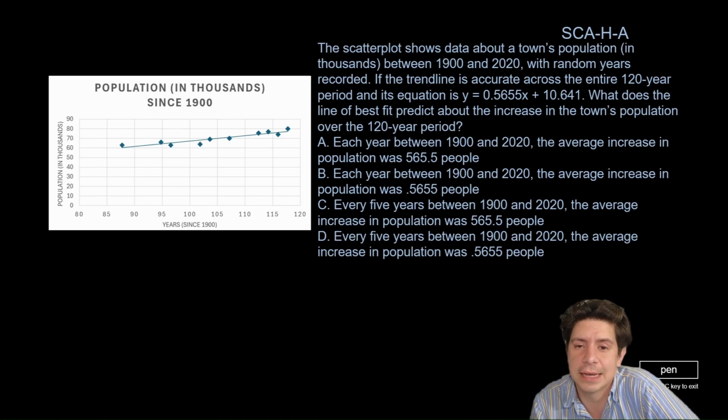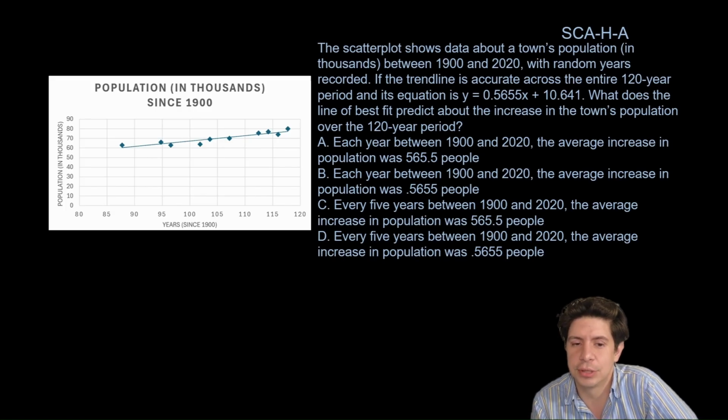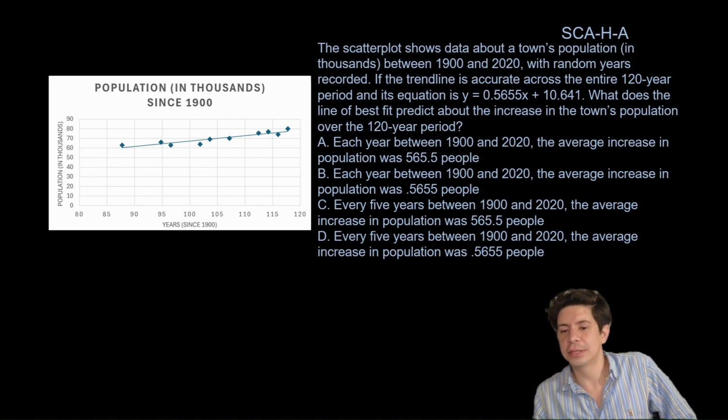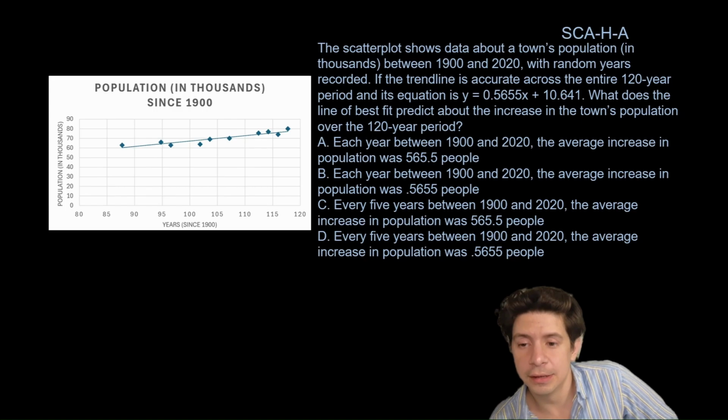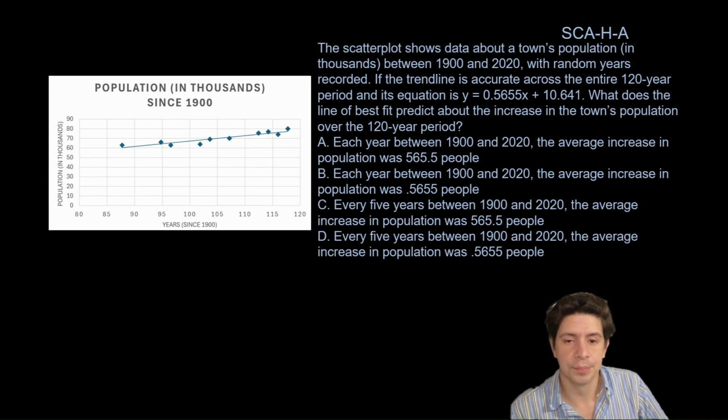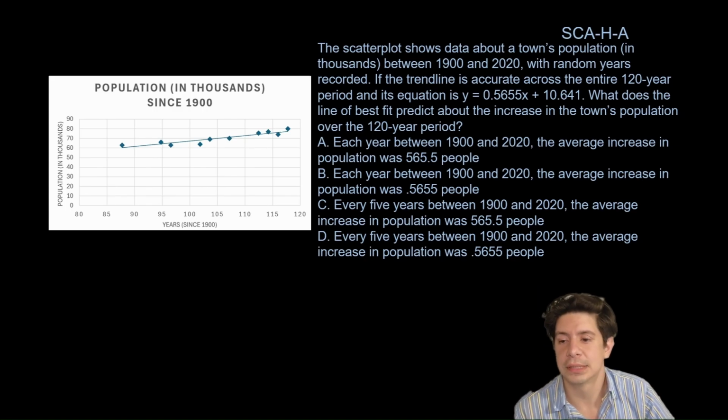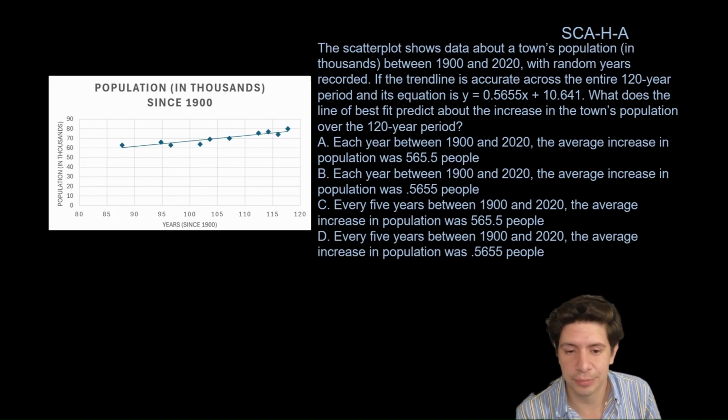So here we have the scatterplot shows data about a town's population in thousands between 1900 and 2020 with random years recorded. If the trend line is accurate across the 120-year period, and its equation is y equals 0.5655x plus 10.641 in thousands, what does the line of best fit predict about the increase in the town's population over the 120-year period?